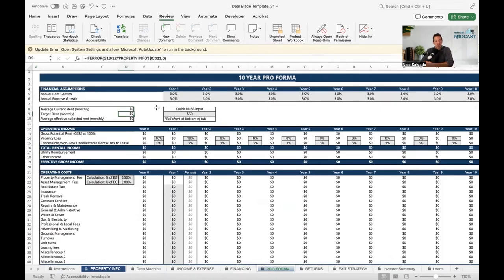This is what we are targeting in our pro forma. So this builds off of our pro forma, what we know the rents should be. And then I have a little indicator right underneath that in cell D10, which is the average effective collected rent monthly, which is important. I don't feel it's realistic to push rents more than $100 a year.